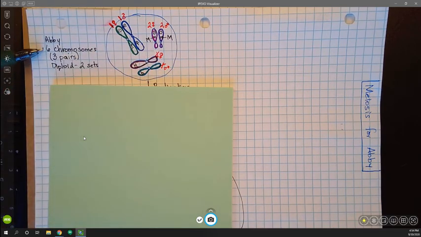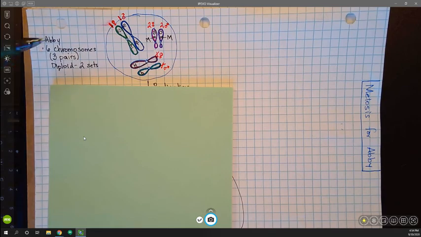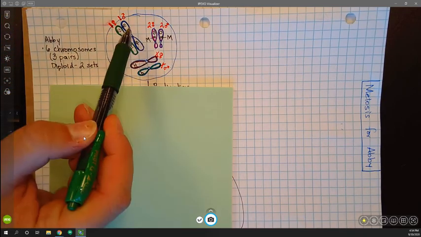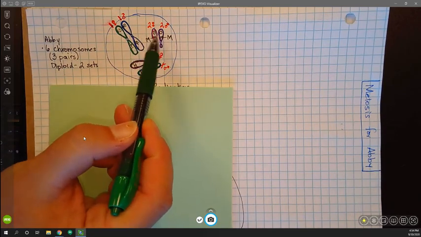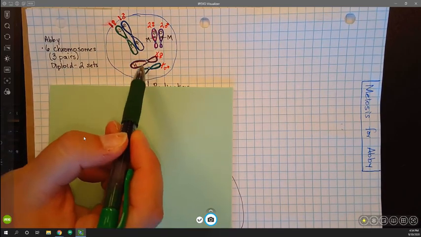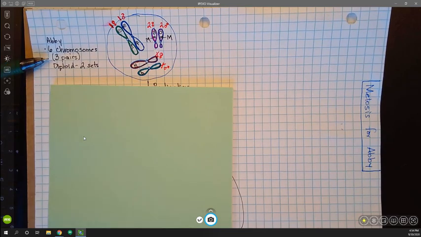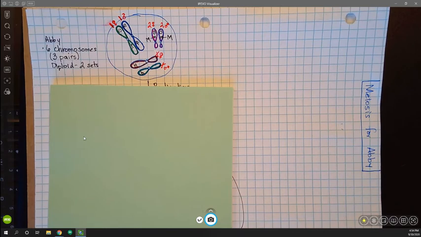Now, we also know that they have a pair of chromosomes at each of these locations. So there's a pair of chromosome 1s, a pair of chromosome 2s, and a pair of sex chromosomes. That gives us 3 pairs of chromosomes for a total of 6 chromosomes. Humans have 23 pairs of chromosomes for a total of 46 chromosomes.